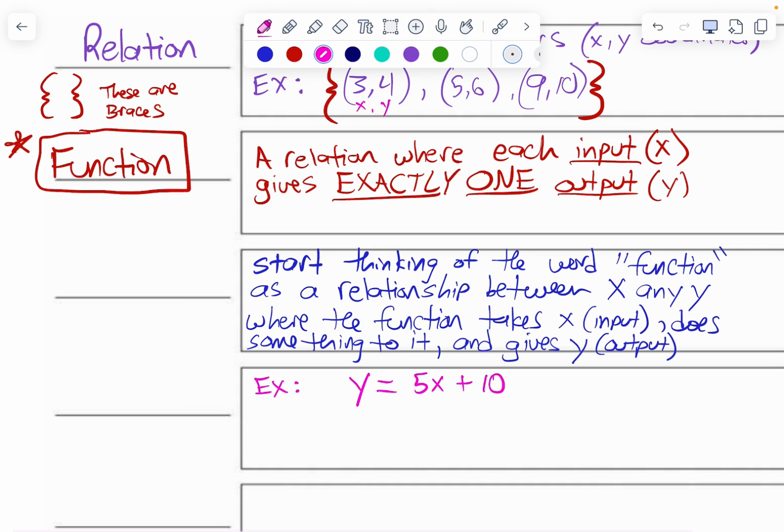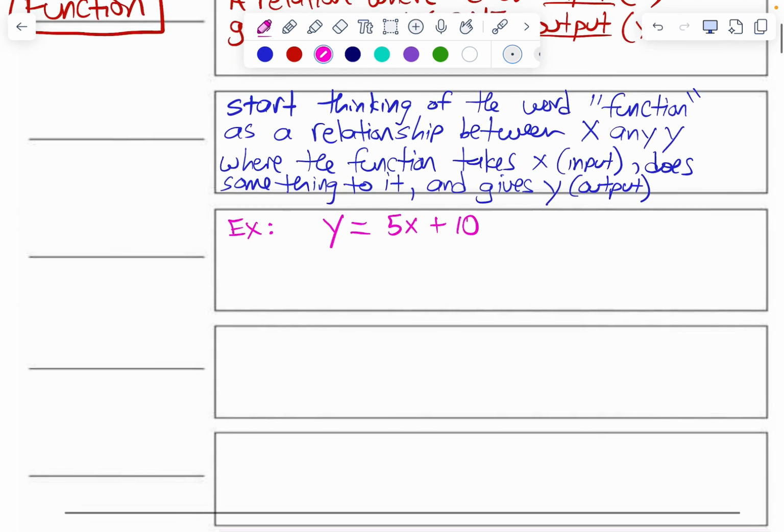What kind of situation is that equation I just wrote? Just tell me everything you know about it. We know a slope. The slope is 5. Okay, what else do we know? The y-intercept is 10.